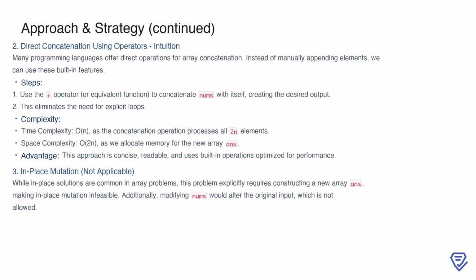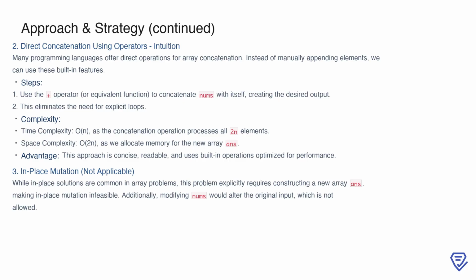In terms of complexity, this approach still operates in O(n) time since the concatenation process touches all elements in the array, and it requires O(2n) space for the resulting array. However, the major advantage here is that the code becomes much cleaner and more concise. Additionally, these built-in operations are often optimized at the language level, making them faster in practice.